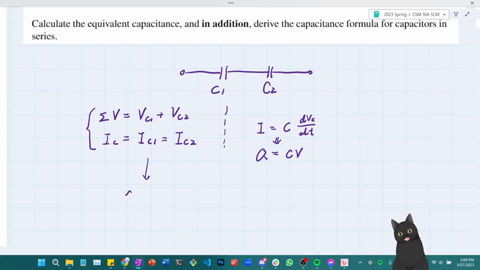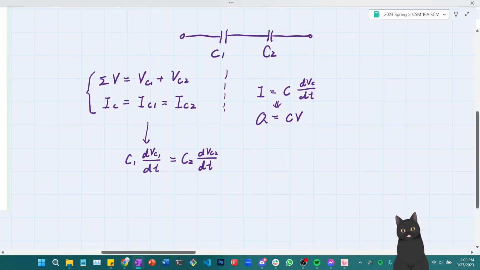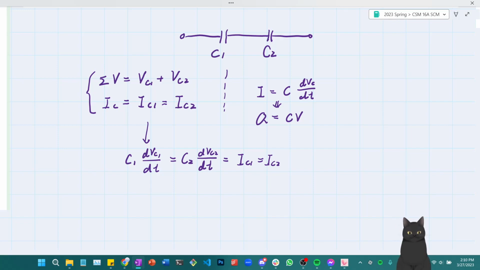I know that C1 dVc1/dt is equal to C2 dVc2/dt. So what that means is, once again, that is equal to Ic1 and is equal to Ic2, which is just equal to one single value, or one single current. I'm going to summarize this as Ic.